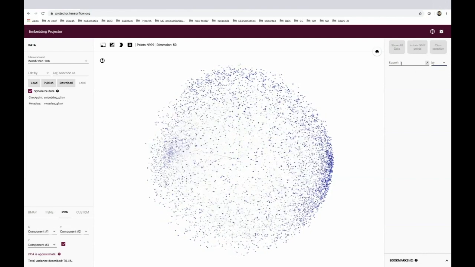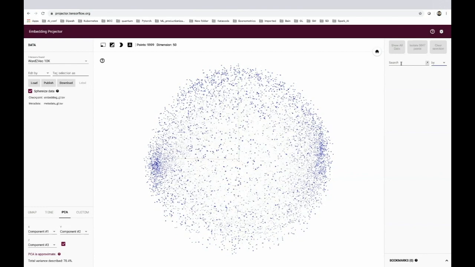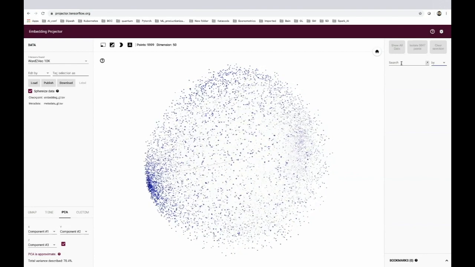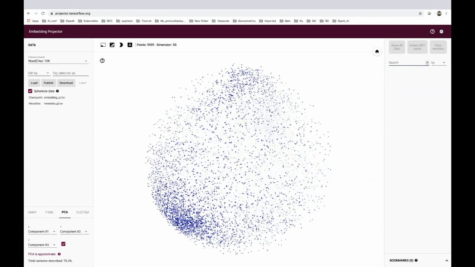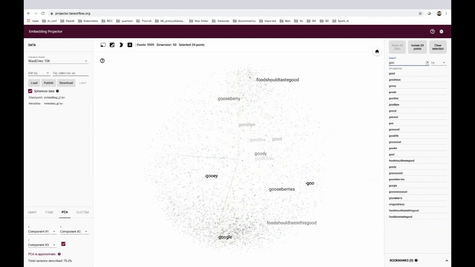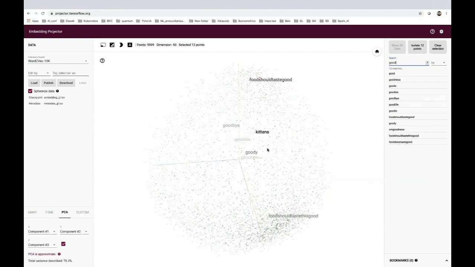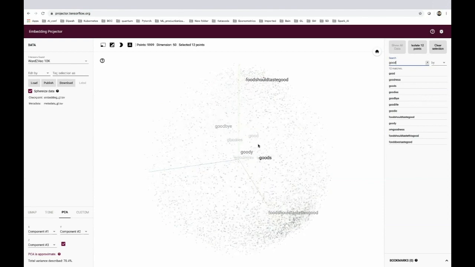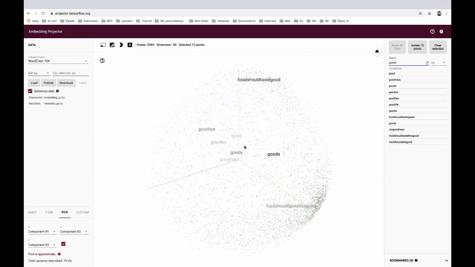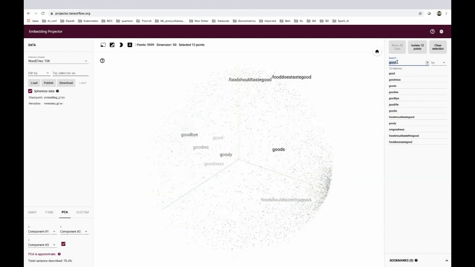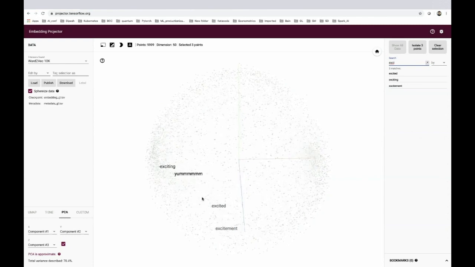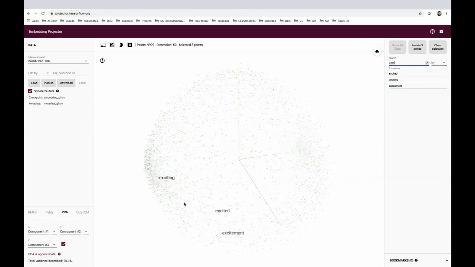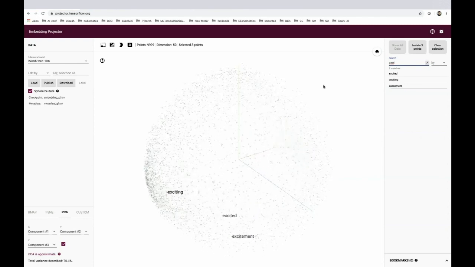What it does is it shows you how embeddings are able to capture the underlying semantics so that similar embeddings are placed nearby. So if we search for good, you would see all the good related words are nearby to each other, and if we search exciting, you can see all the excitement words are closer to each other in the embedding space.